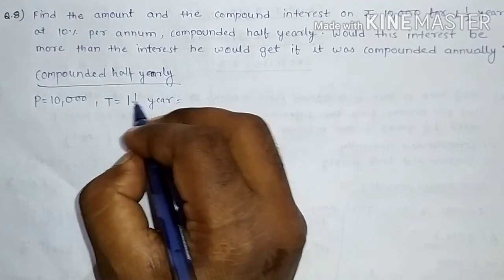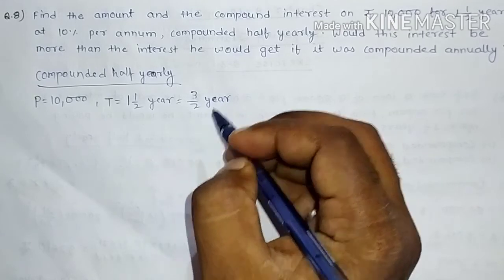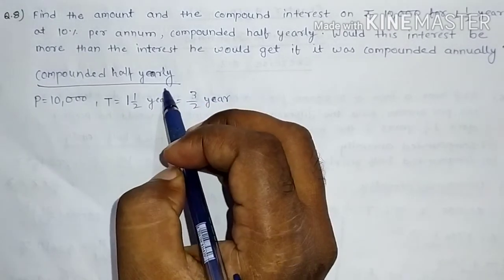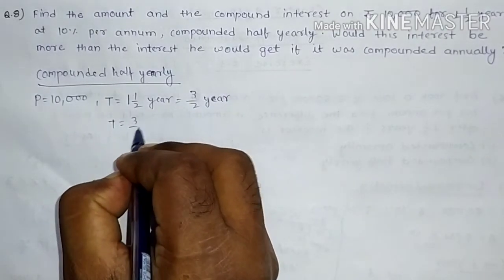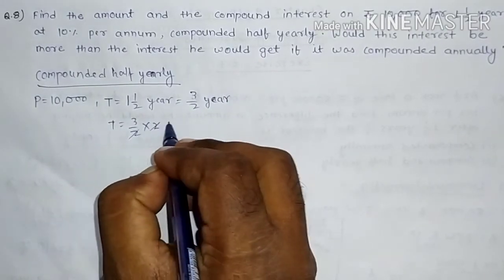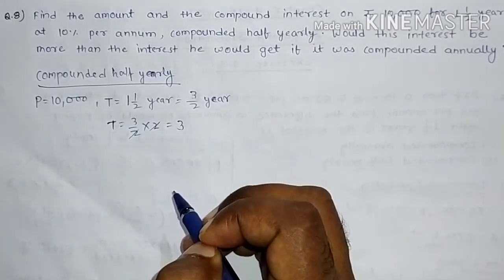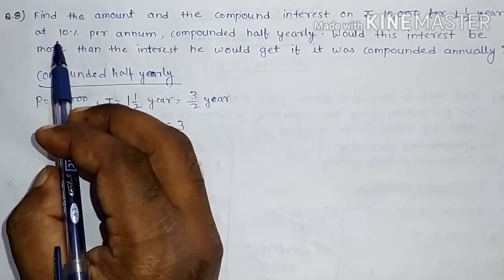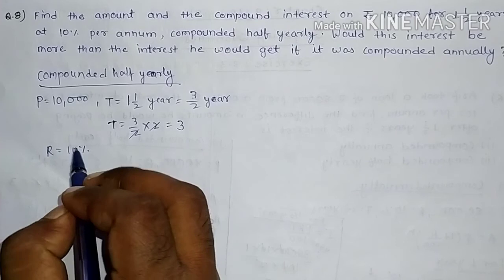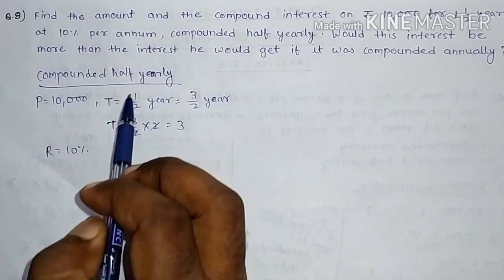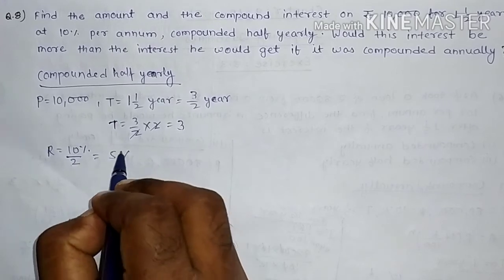Just simplify it, so it can be 3/2 year, and compounded half yearly, that means time is multiplied by 2, so 3/2 into 2, 2 cancel out, 3 half year. Okay, time is 3 half year. Now R is 10%, so R is equals to 10%. As the interest compounded half yearly, that means we have to divide by 2, so this is 2 5 10, 5%.